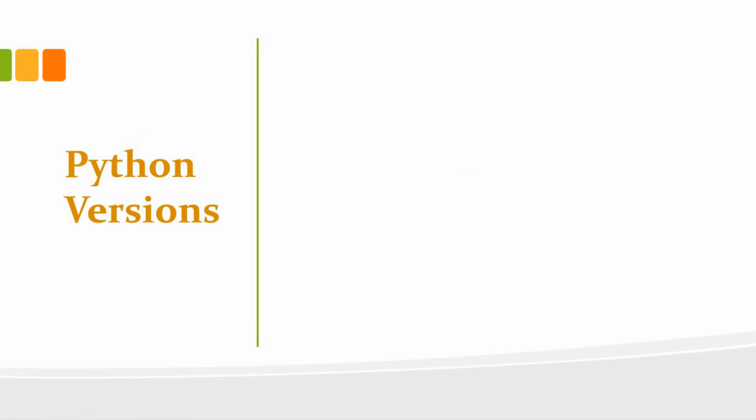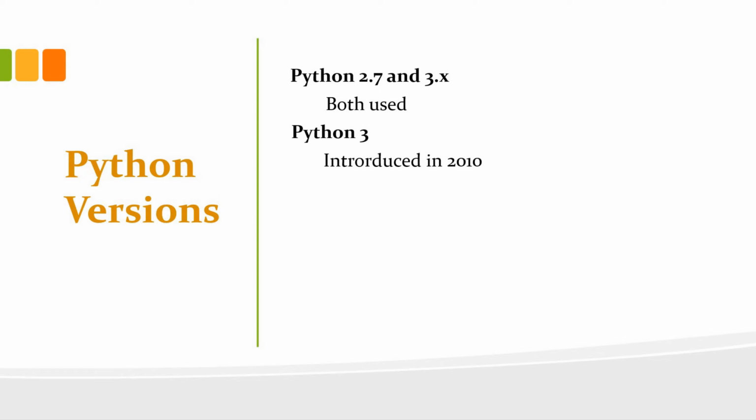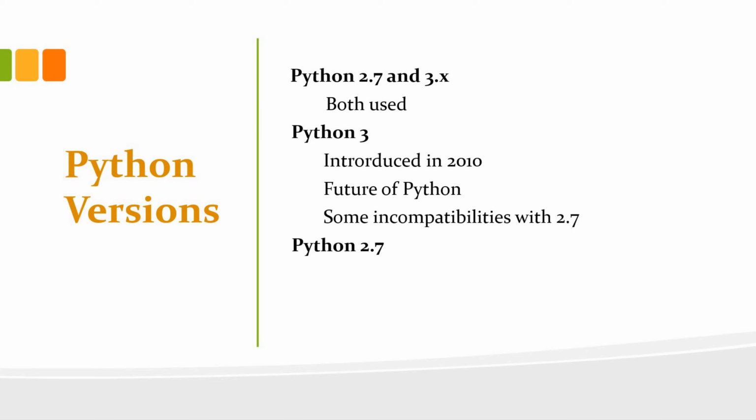Right now there are two versions of Python, 2.7 and 3.x, commonly in use. Python 3 came out in 2010 and is the future of the language going forward. However, there are some incompatibilities with Python 2.7. Python 2.7 is the last version of the Python 2 family and has been largely static since 2012.